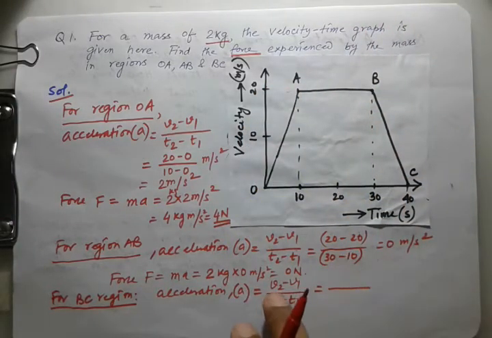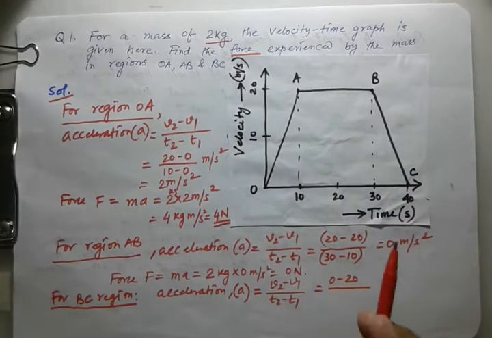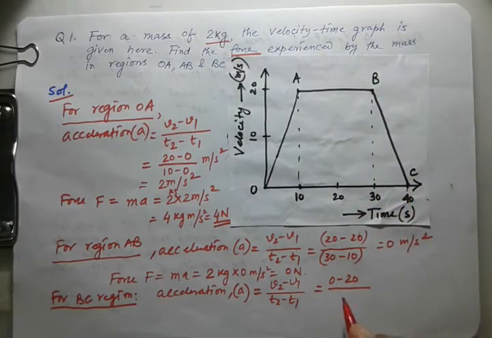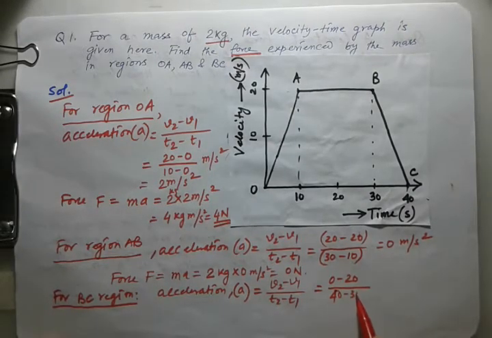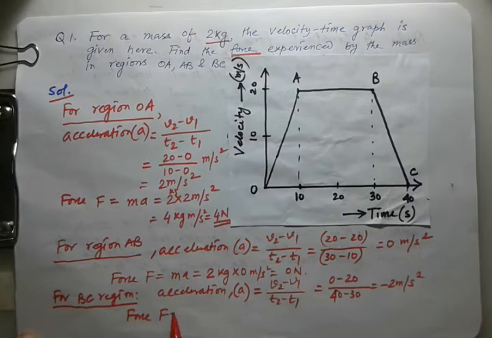That means V2, the final velocity, is 0 here. So 0 minus 20, and the time taken from B to C is 40 minus 30, which means 10 seconds. That means you get minus 2 meter per second square. So force F is m into a, where m is 2 and a is minus 2. So you'll get minus 4 Newton. So this is the answer.